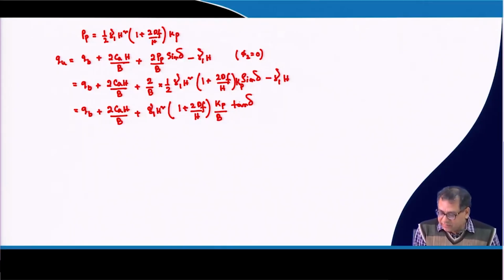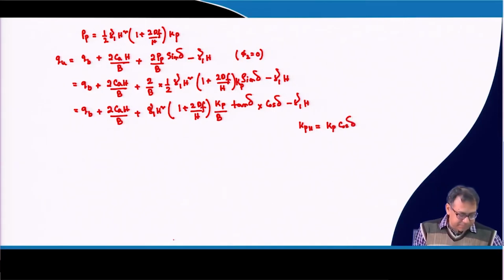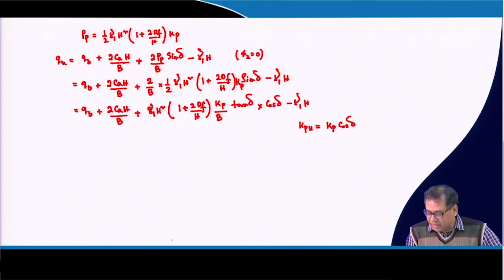That means we have to multiply with cos delta, then gamma H. Okay. So, we are taking sin delta and then writing it in this form. Now, we are writing that Kph is equal to Kp cos delta. Okay.